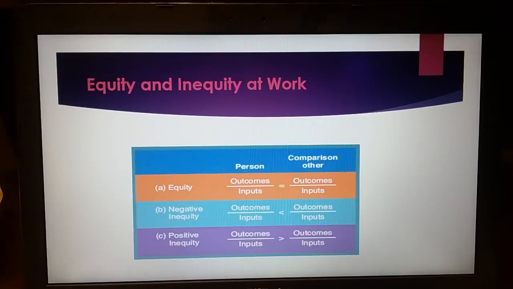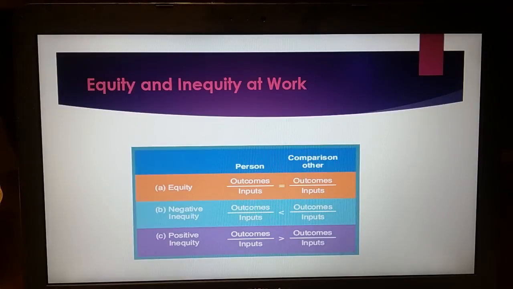Okay, so there's equity, negative equity, and positive equity. Equity is that everything's equal. They feel like what they're putting in, they're getting an equal amount out. Negative equity is that the person's outcomes are less than their comparison other, that is, the person who's at the same level.